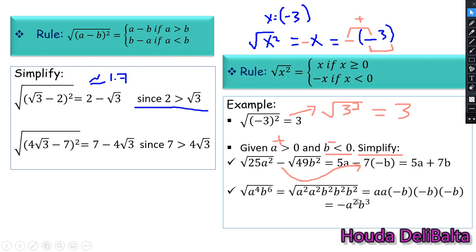Each radical a squared is going to be a, and each radical of b squared is going to be minus b again, because b is negative, so I have to put a minus sign before the negative that it has. Then finally I get minus times minus times minus is minus, we put it here, a squared and b cubed.